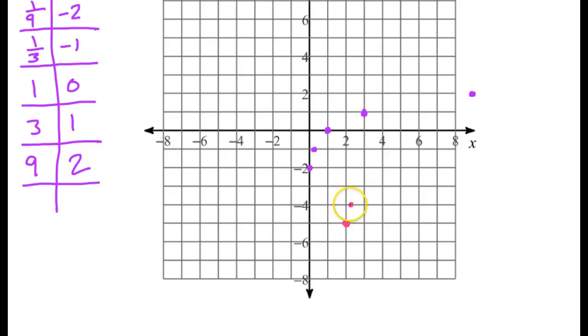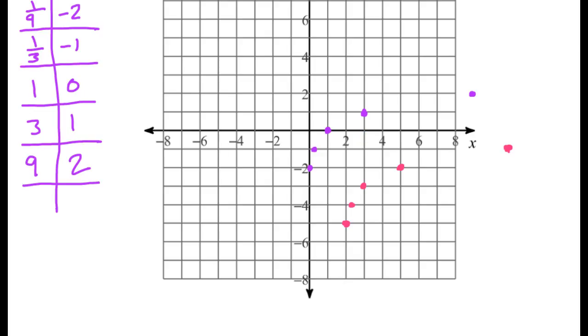Okay, the next one will be about here, and then here, and then here. Okay, right 2 and down 3 will be about here.